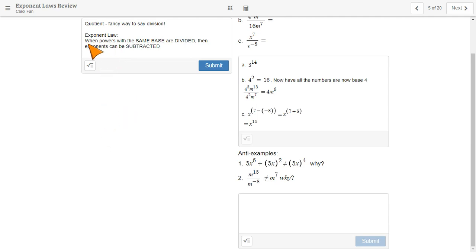The quotient rule says that when the powers of the same base are divided, then the exponents can be subtracted. Well, we've got two bases going on right now. I have a 5 and an x, whereas in my second one, the entire base is 5x.